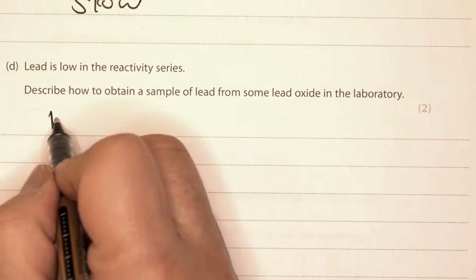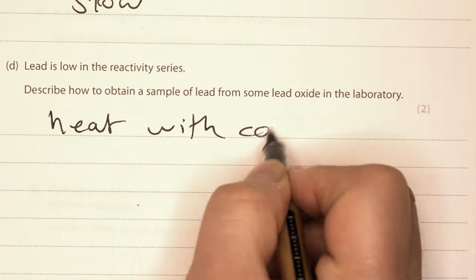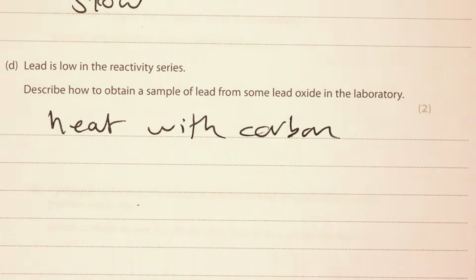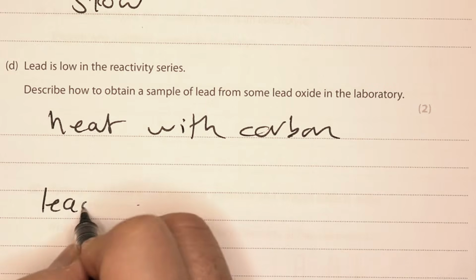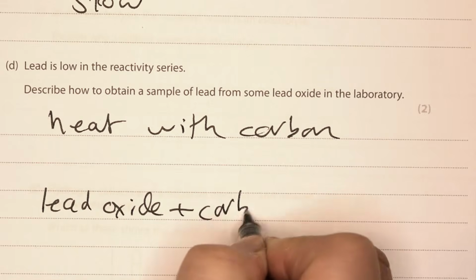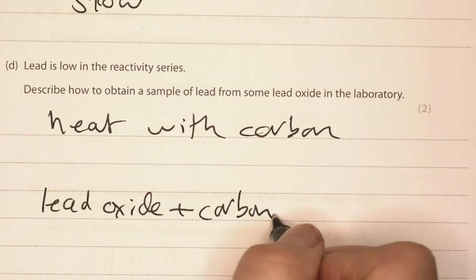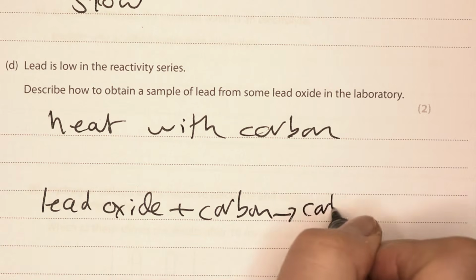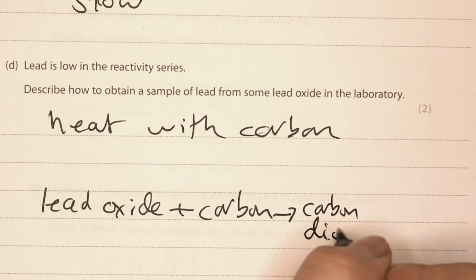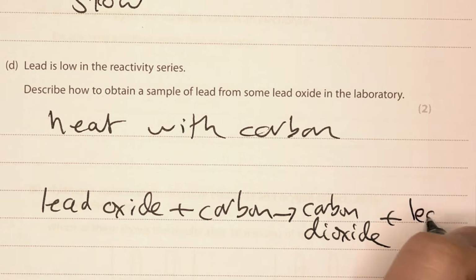Well, what we would do is heat it with carbon, and what happens is we've got lead oxide plus carbon. Carbon is more reactive than lead, so it can displace the lead and take the oxygen, so that forms carbon dioxide and lead.